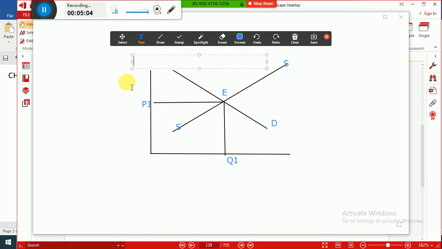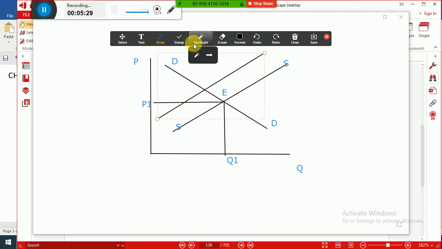We are measuring price on the vertical axis and quantity on the horizontal axis. So now, due to any factor other than own price, sorry, quantity, supply decreases. So when supply decreases, the new supply curve will shift leftward, so that the new supply curve is S dash S dash.